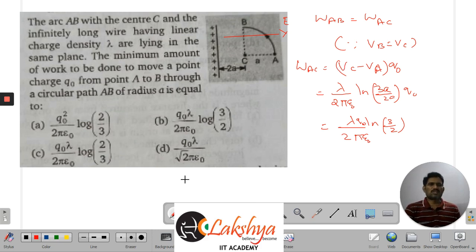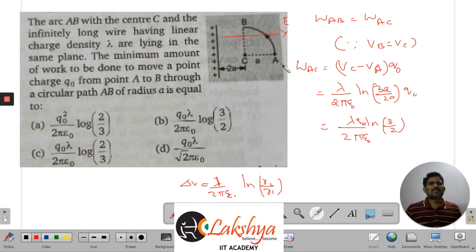This is our potential difference formula: lambda by 2 pi epsilon naught into ln of r by r naught, or r2 by r1, and here we simply write 3a by 2a. First of all, you need to identify whether it is r1 by r2 or r2 by r1, which depends on the points.